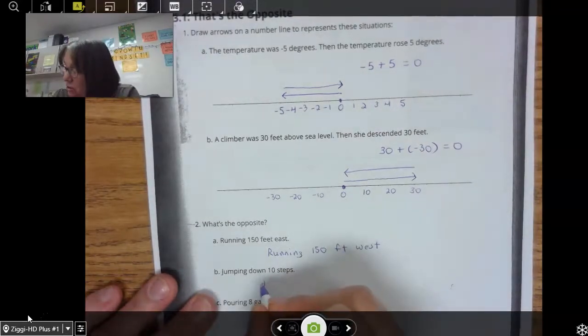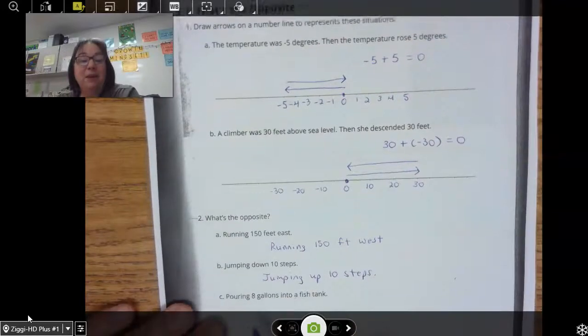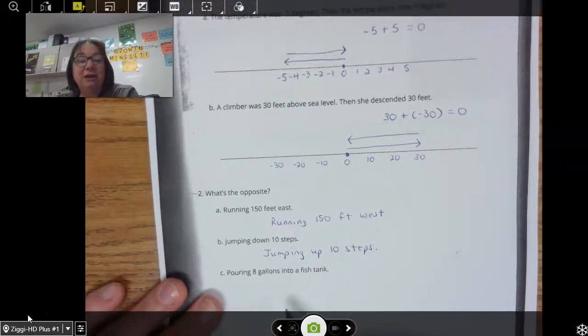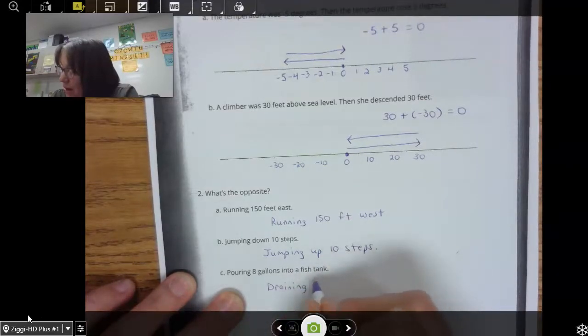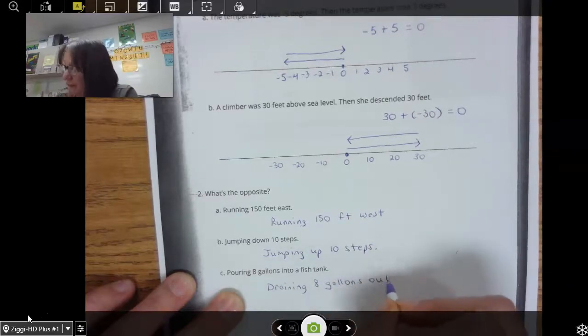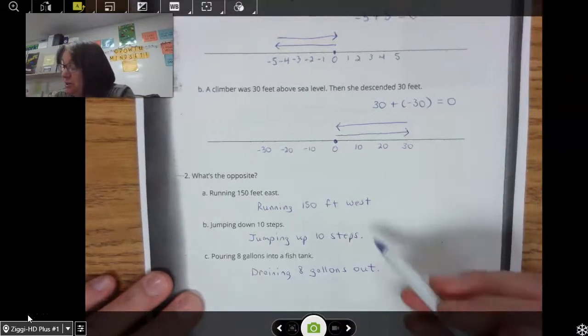Hopefully you said jumping up 10 steps. And pouring 8 gallons into a fish tank. What's the opposite of pouring in? Draining. 8 gallons out.